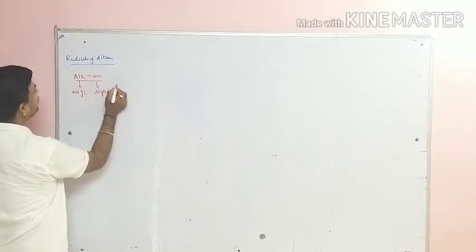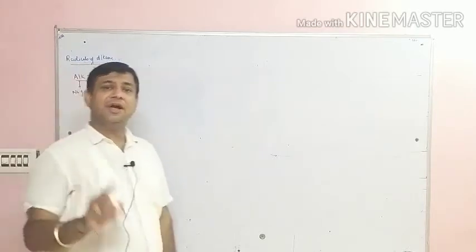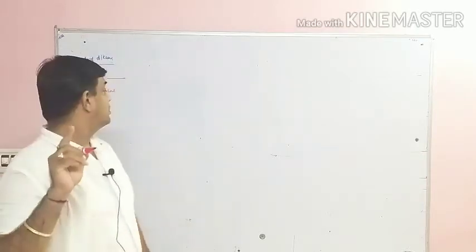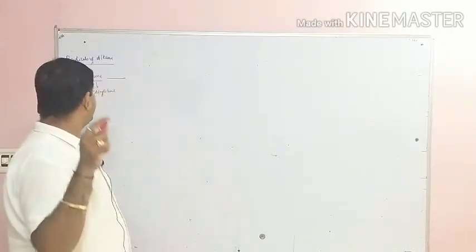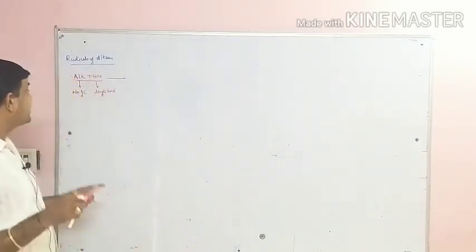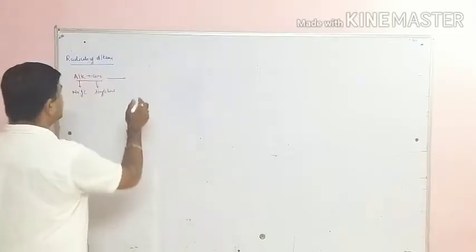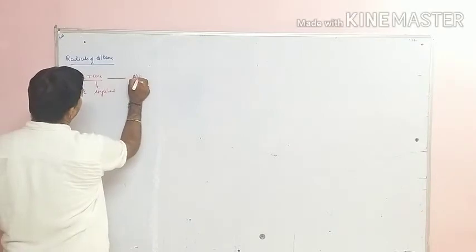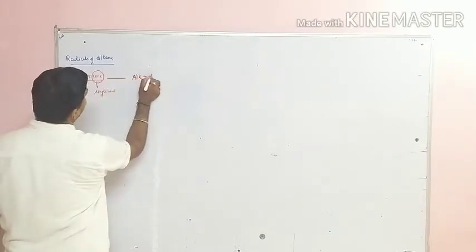Students, I have told you earlier that when you are making the radicals, the valency of the carbon is made free. We are not saying that the number of carbons is changed. No, the number of carbons will remain as it is. So I will maintain the alk, but the ane will be substituted by the term yl.